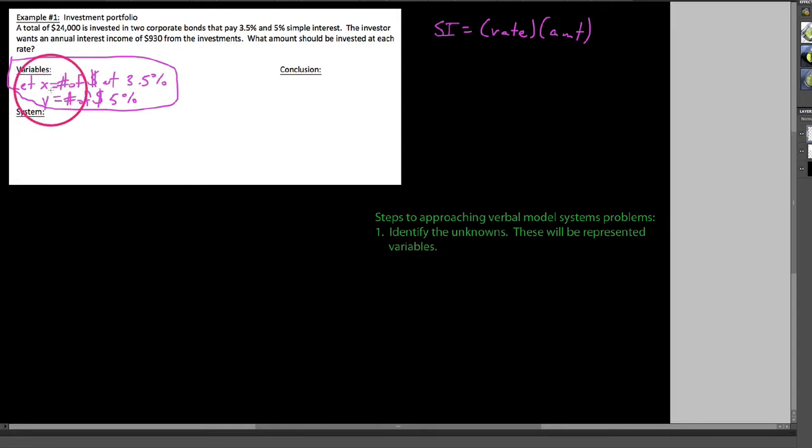So reading back through this, in terms of setting up your equations, one piece of advice that I'm going to give you is this: you want to look at, say, units and what you're talking about in terms of the numbers here. So in terms of, say, $24,000, this represented a total amount here, whereas $930, that's in dollars, but that represents interest. And so we're going to write a couple of equations here that represent the different parts of the problem.